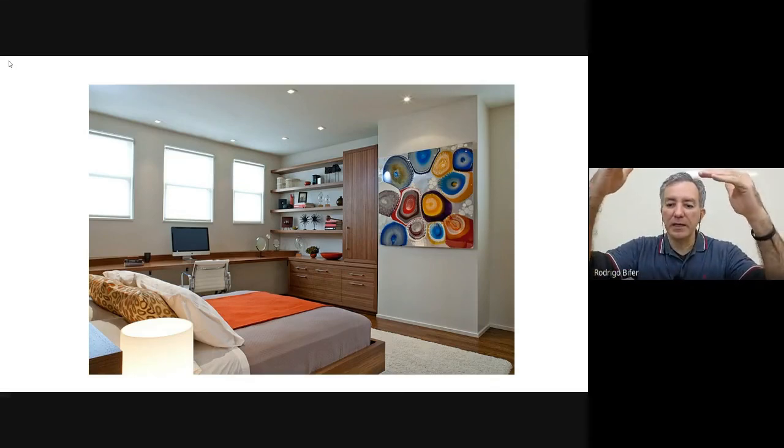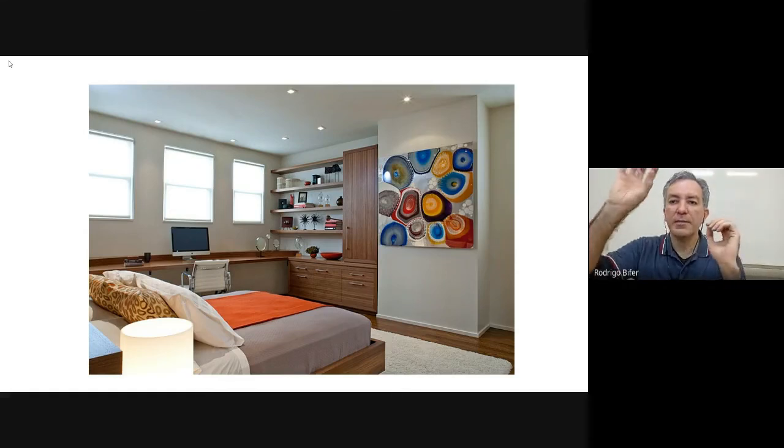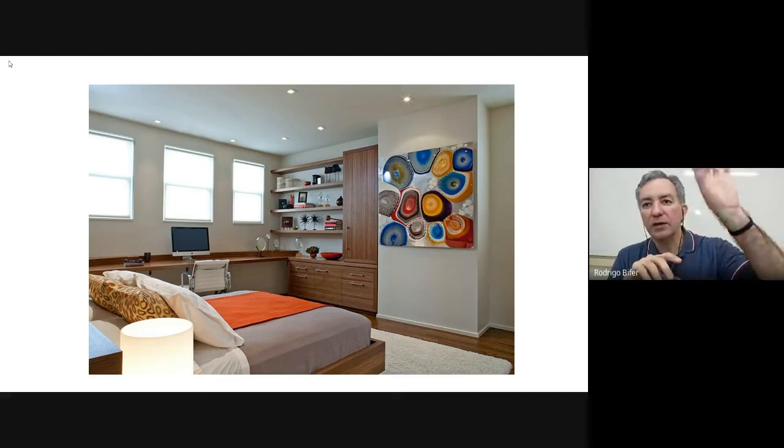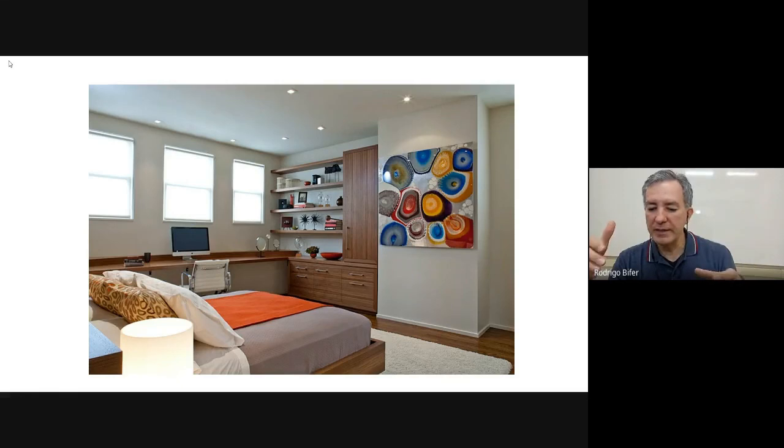Remember the ceiling. Okay, so there are some lights. It's a modern bedroom. Yes, it's a modern bedroom. Look at the lights on the ceiling, and you can see the rug on the floor. You can see the bedspreads on the bed. We didn't talk about bedspread.